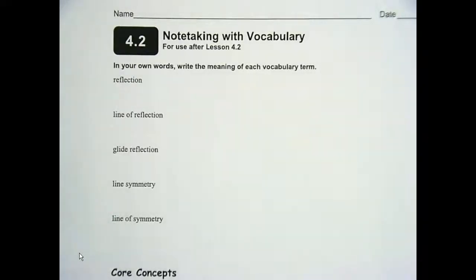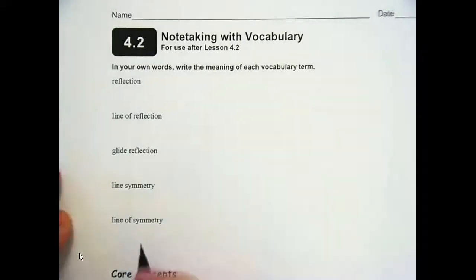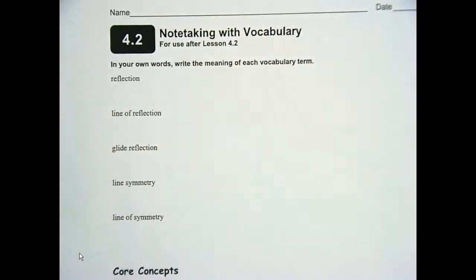Now, yesterday we didn't talk about rigid motion, but a rigid motion is something that maintains the size and the shape of the figure. The angle measures and the length of the sides do not change. So that might be something to add to your list, or at least go back to 4.1 and define it. Rigid motion maintains the length and angle measures. So the length of the sides and the angle measures. The shape does not change size.